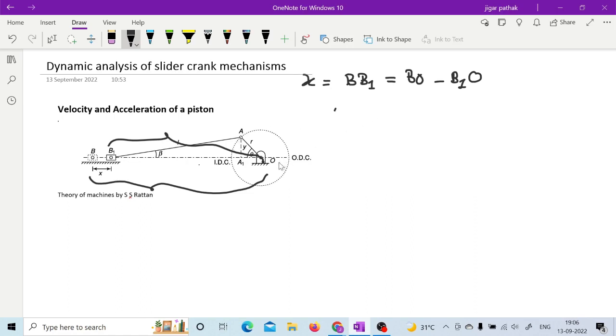If you observe this figure, here L is the length of the connecting rod and R is the crank radius.